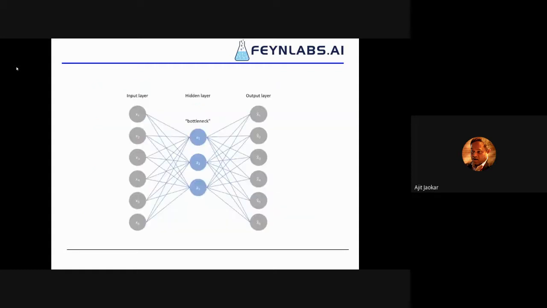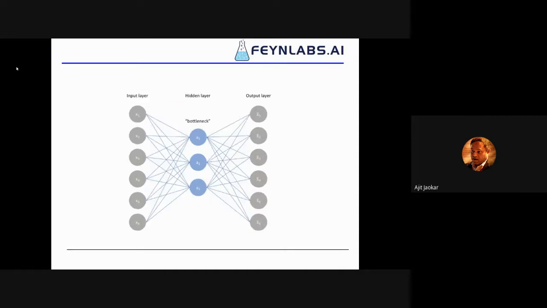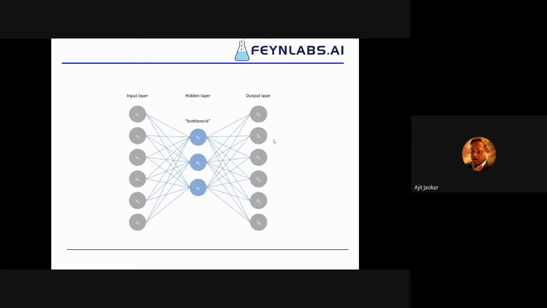So how does that work? If you compare a typical neural network, it looks like this, but an autoencoder introduces the bottleneck. The bottleneck means that the intermediary layer is smaller than the input and the output layer. So unlike in the traditional neural network, where the number of neurons is the same across the whole network, in an autoencoder the number of neurons is much smaller in the middle.